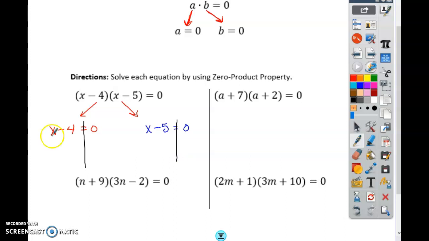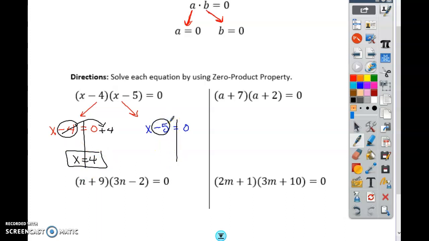So draw your line down the middle, down the equal sign, and solve for x. So if I want the x by itself, all I need to do is add 4 to both sides, right? Move this over, plus 4, cancel. What's 0 plus 4? 4. X equals 4. What about this one? What do I do to it?